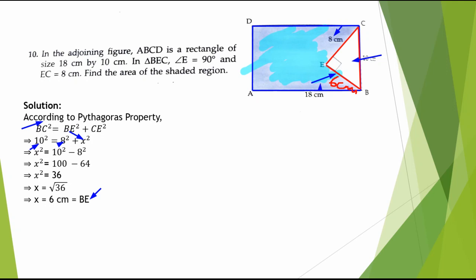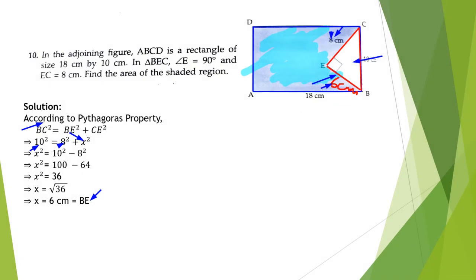So we can take this as base and the other side as height. So 8 and 6 centimeter become the base and height. And in the rectangle, base and height are already given. So we can calculate the area of the two figures and subtract.